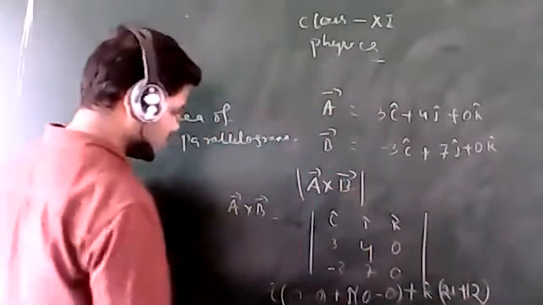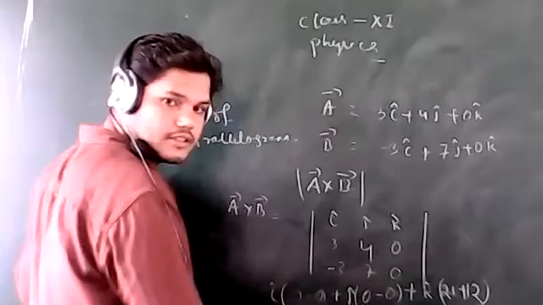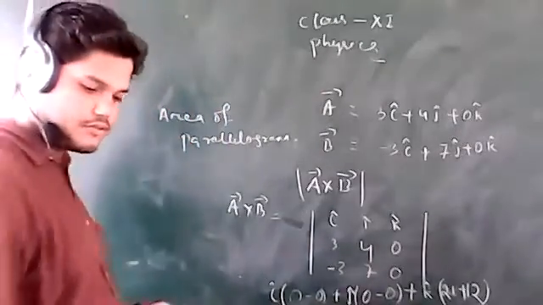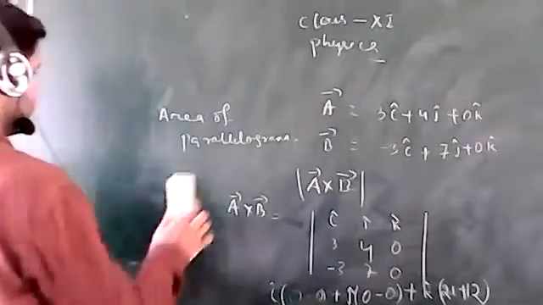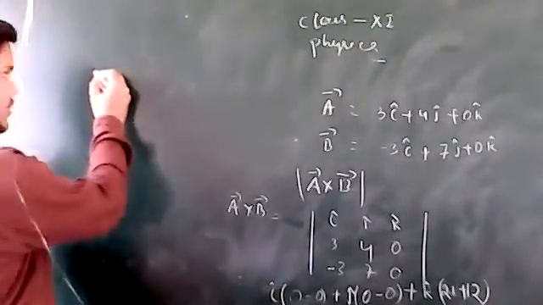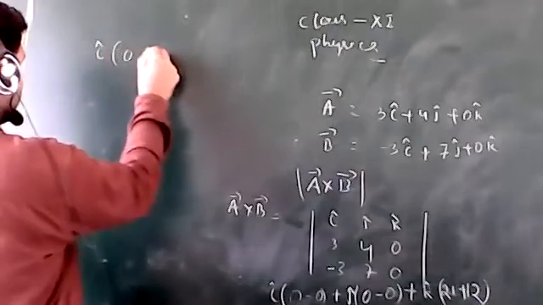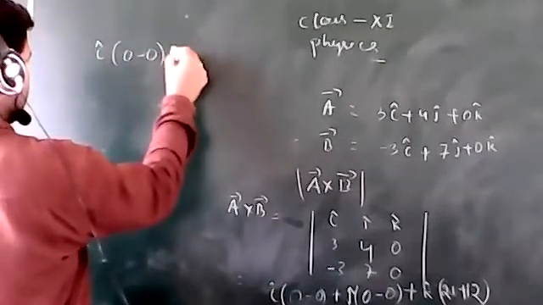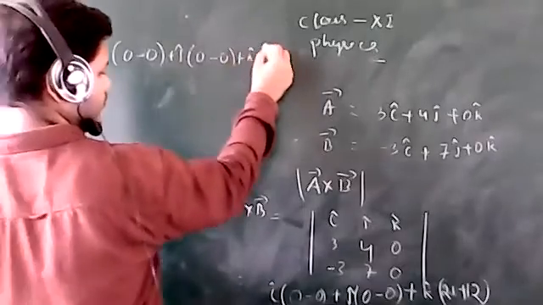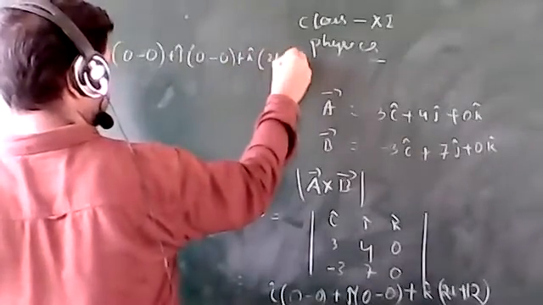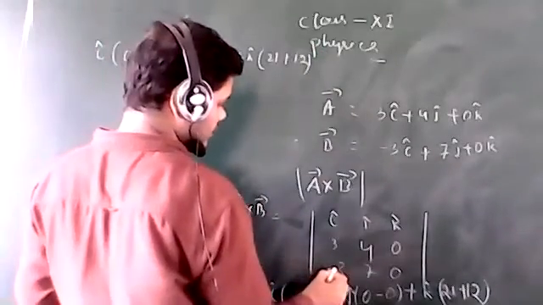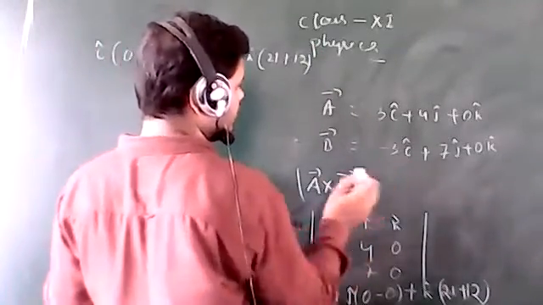Okay, so it is not visible to you, so I'm just writing it here. I cap into 0 minus 0, plus J cap into 0 minus 0, plus K cap into 21 plus 12, because the question gives minus 3.